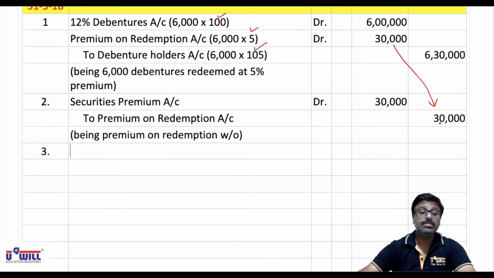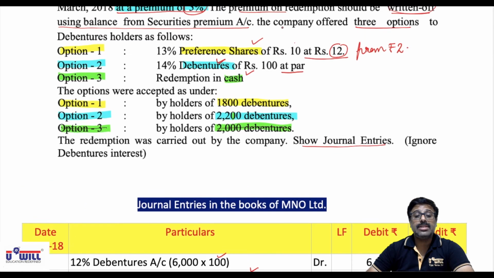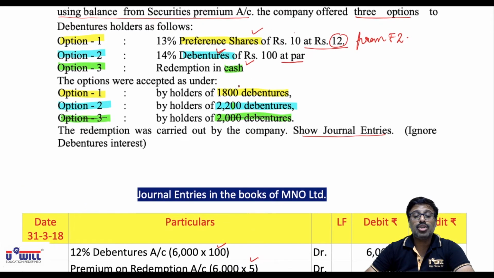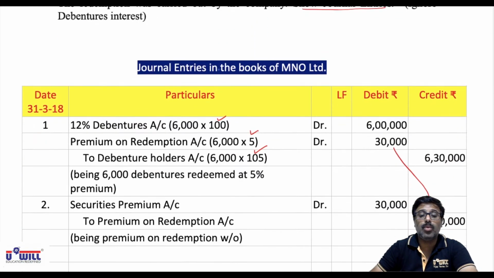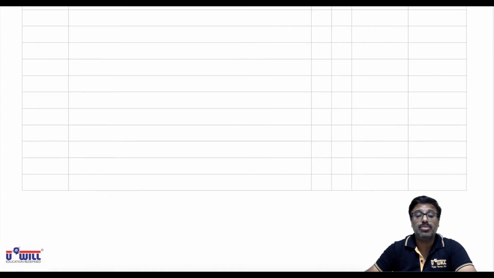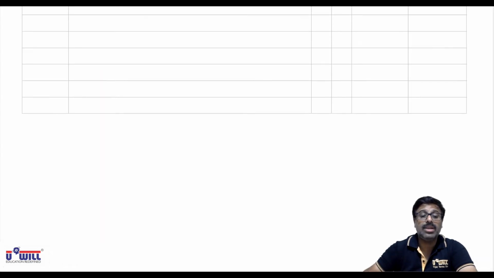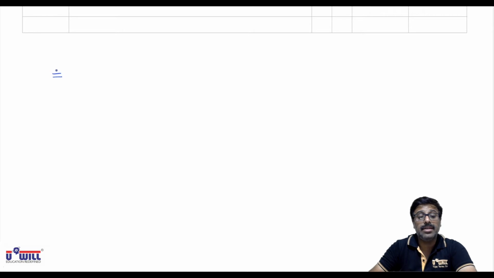Now further, we begin with the redemption process. So here the first option, that is preference shares, is taken by 1800 debentures. Now before we pass the entry, since they are issued at a premium, at 12 rupees, first we will have to make the workings and find out the number of preference shares to be issued. So all of you give the heading workings after the format.